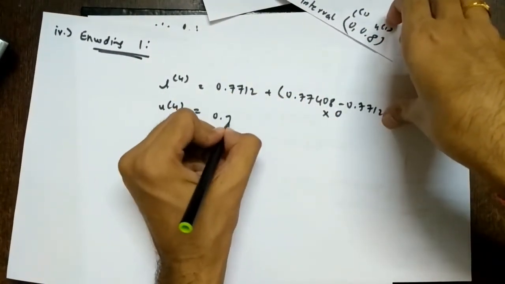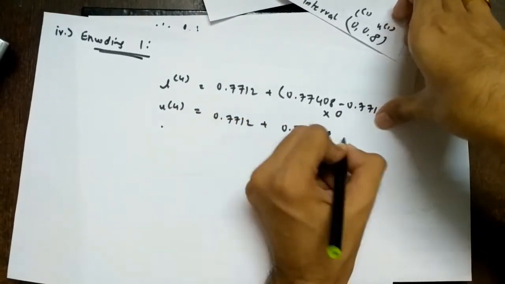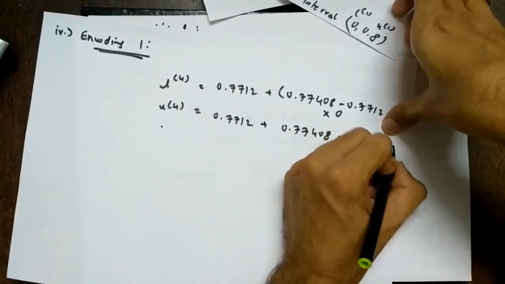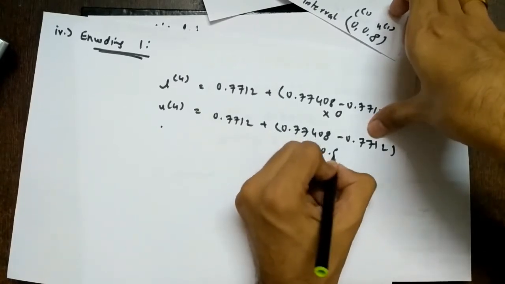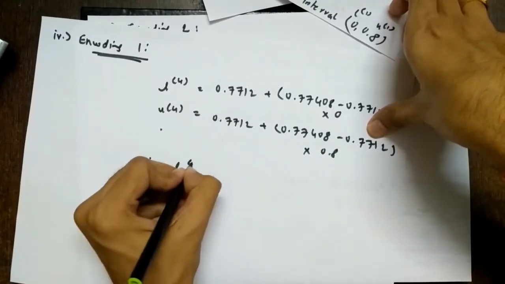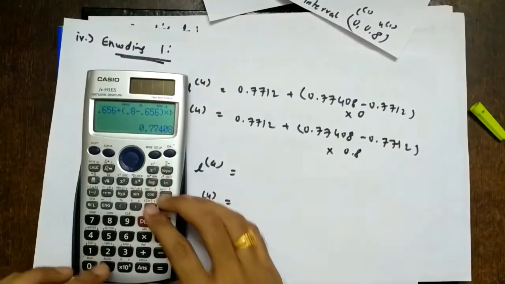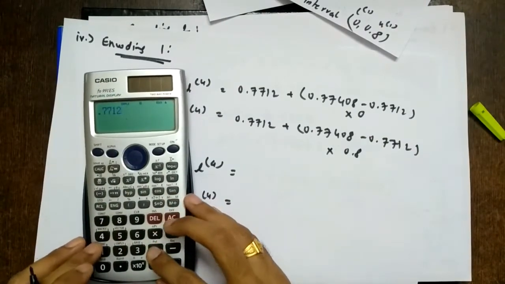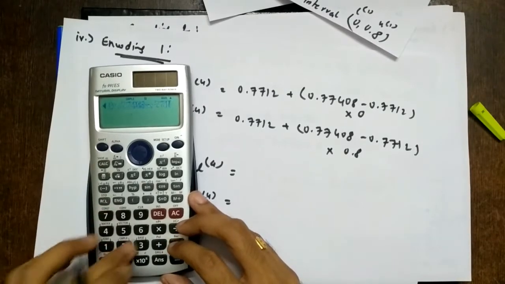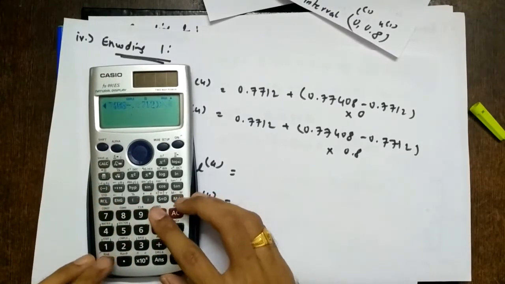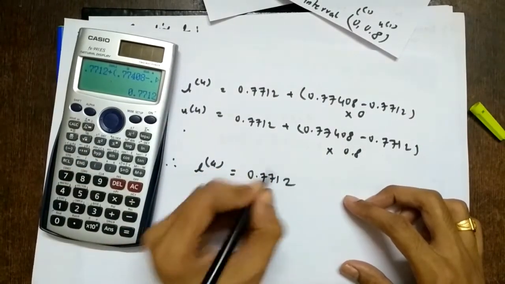And U4 is again 0.7712 plus 0.77408 minus 0.7712 into fx of 1. So fx of 1 is 0.8. So therefore L4 equal to, U4 equal to 0.7712 plus 0.77408 minus 0.7712 into... oh, it was 0, so you'll get the same number. 0.7712.